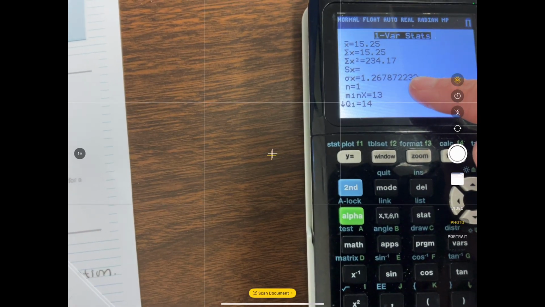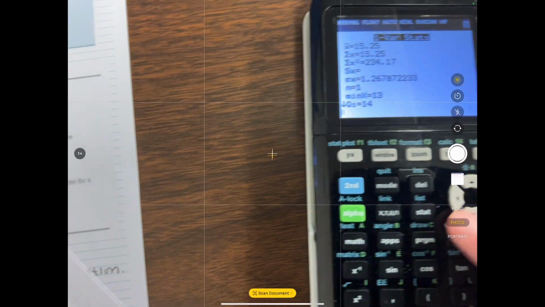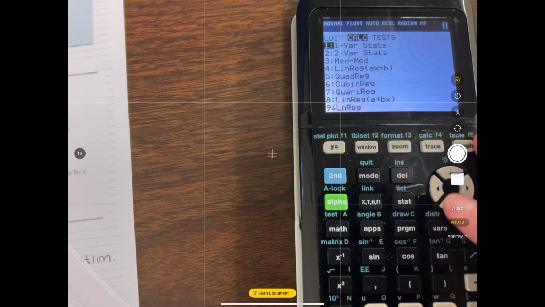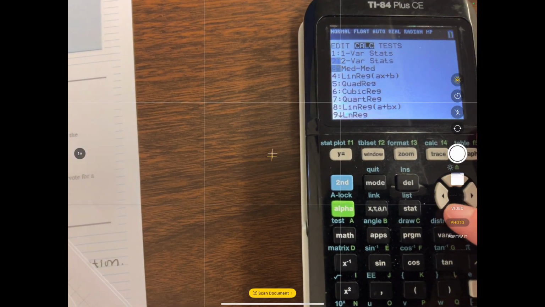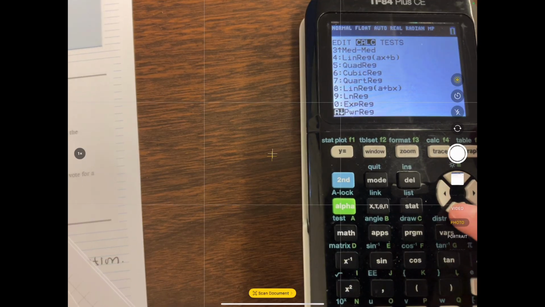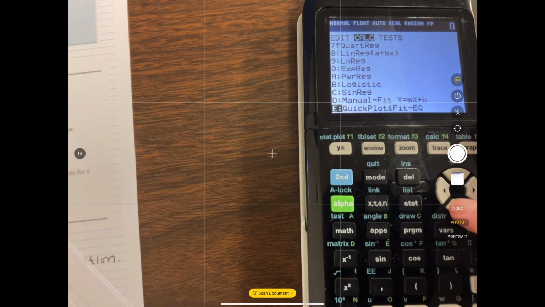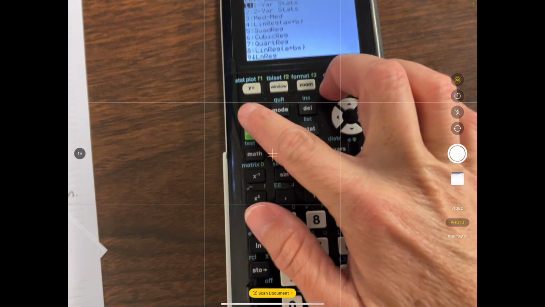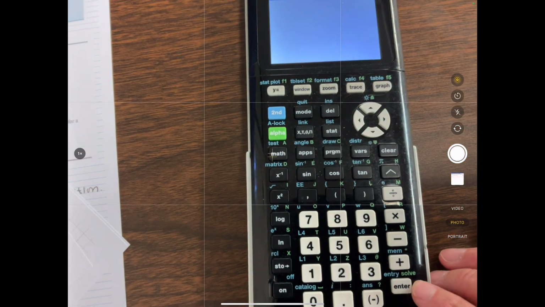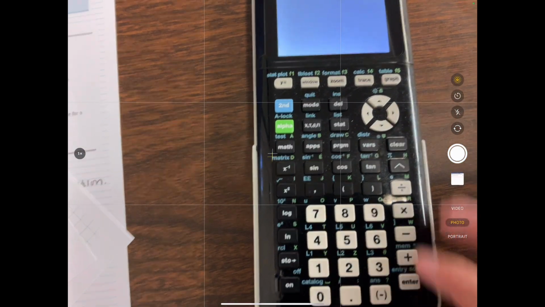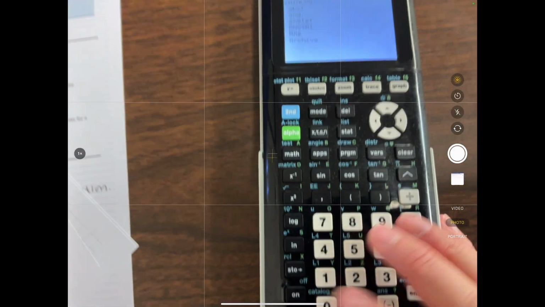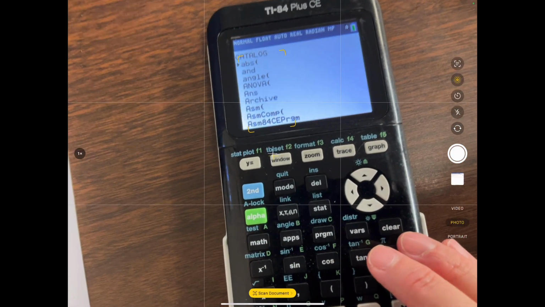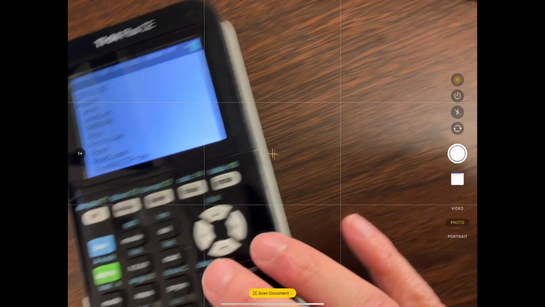There's a way to do that too. Probably stat calc. Let's see. Where's my catalog? Where's VARS B?